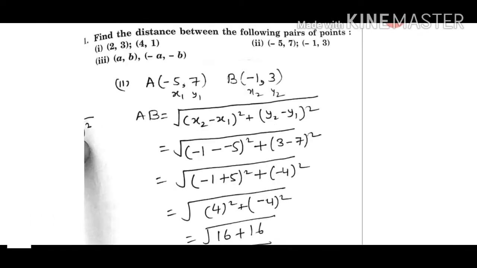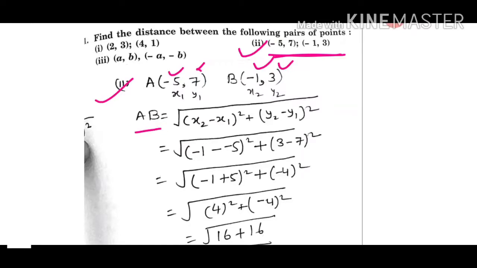Now question number 2 is also the same. There the points are given to you and you have to find the distance between these points. First you write the A point, that is (minus 5, 7), and the B point is (minus 1, 3). The first point we write as x1 and y1, the second point we write as x2 and y2.